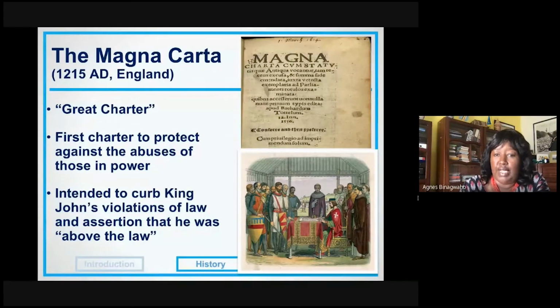King John of England was forced by the nobility to sign the Magna Carta because the nobility were tired of his abuse, based on the idea that the king was above any law.